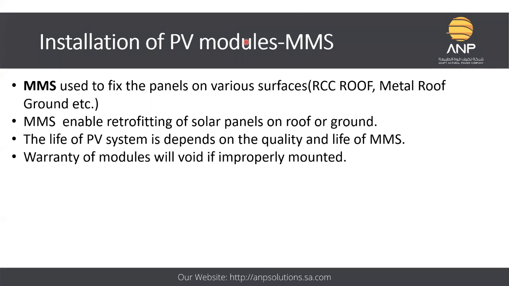For example, the manufacturer gives a warranty of 25 years on modules, and if you did not follow the manufacturer's guidelines for installation of the solar modules, then you cannot claim the warranty, because you have to follow the guidelines given by the manufacturer while installing the solar PV modules.